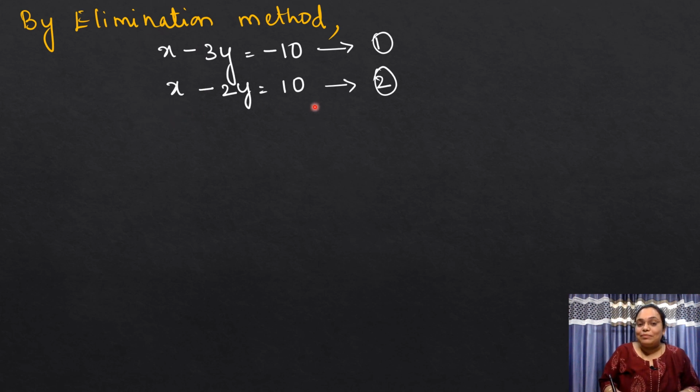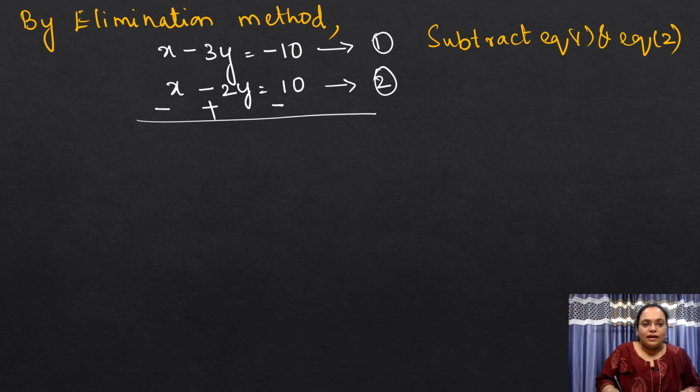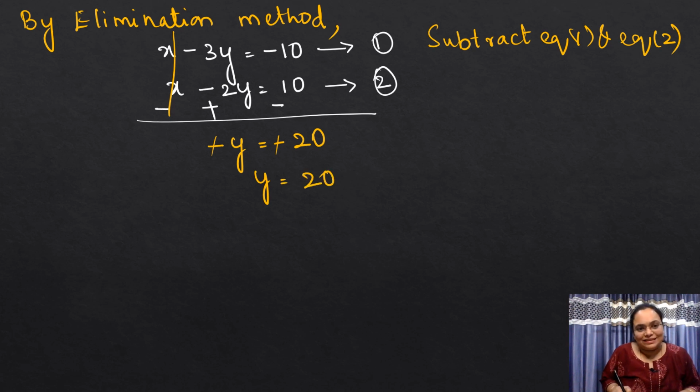So we can eliminate it by subtracting. Subtract equation 1 and 2. x will be eliminated. Here you will get minus y is equal to minus 20. Minus minus will get cancelled. You will get y is equal to 20.